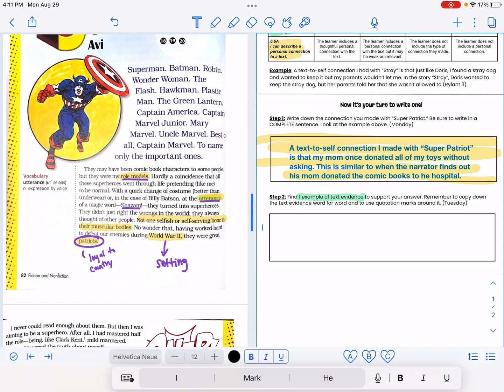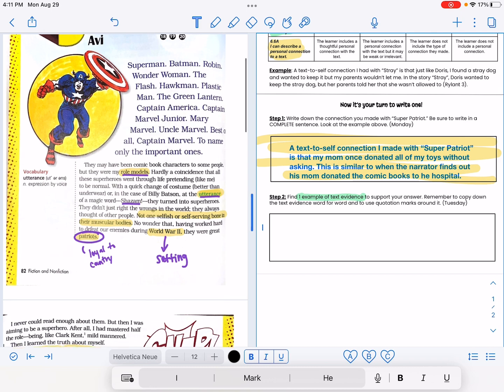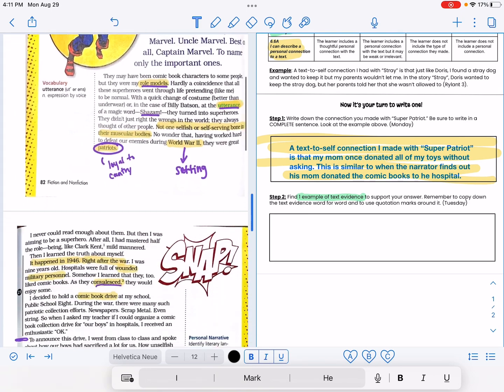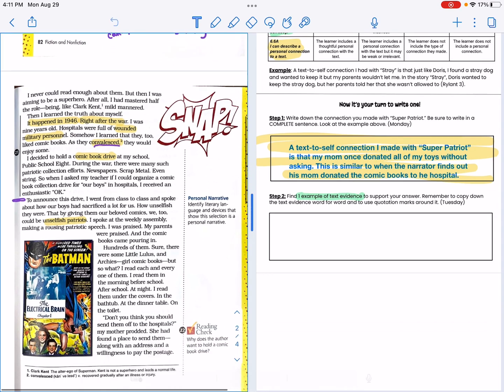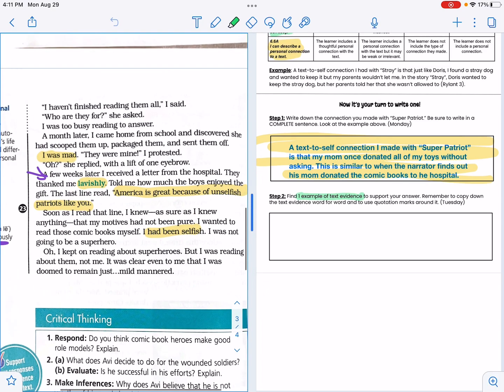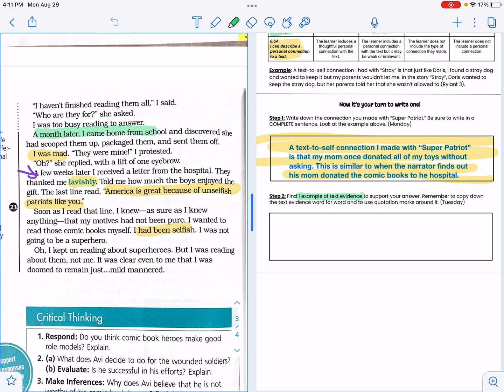So I need to find evidence from this story to support my connection. So I need to find a quote that shows that his mom donated his toys without asking. So if I remember the story correctly, I might have to go through it again. This part happens near the end of the story. And he says, "A month later, I came home from school and discovered she had scooped them up, packaged, and sent them off."